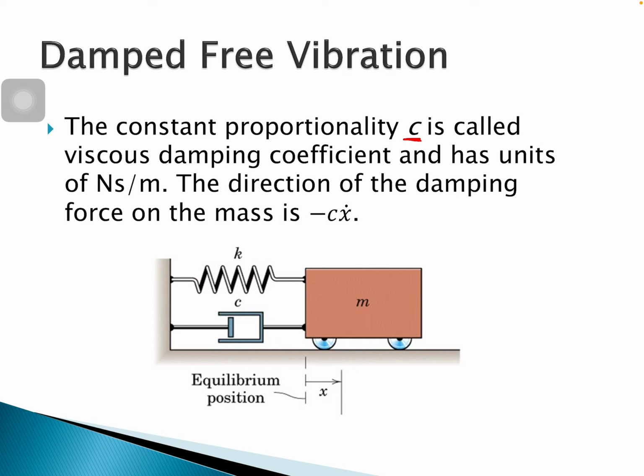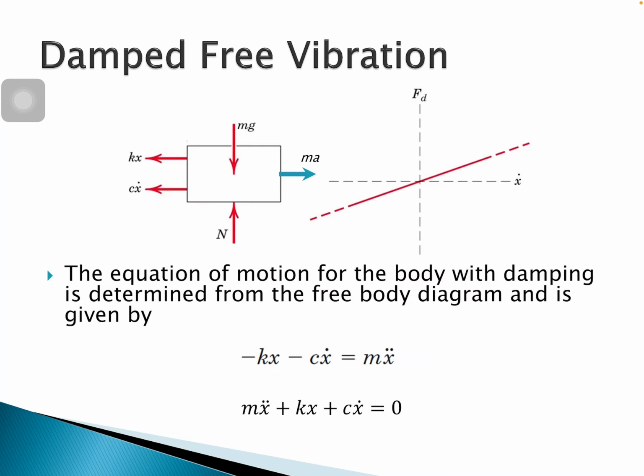The direction of the damping force is always against the motion. Right here, this is the motion of the mass, so the force from the dashpot is this way, and the same goes for the force from the spring. This is the free body diagram, in red.